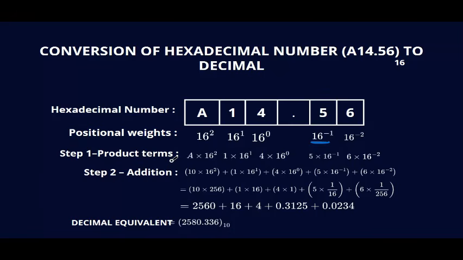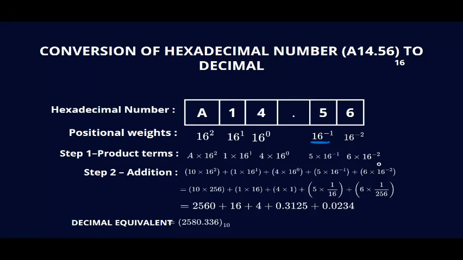Next, we obtain the product terms by multiplying each of the hex digits with its corresponding positional weight. So we get A into 16 square, 1 into 16 raised to 1, 4 into 16 raised to 0, 5 into 16 raised to minus 1, and 6 into 16 raised to minus 2.